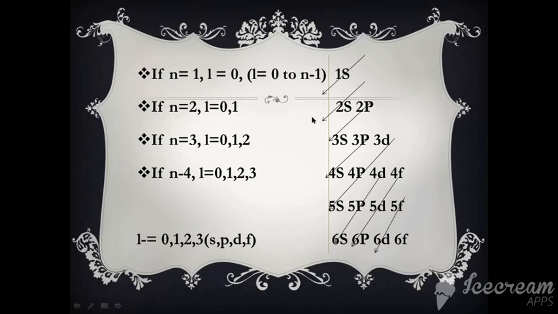So 1s, 2s, 2p, 3s, 3p, 4s, 3d, 4p, 5s, 4d, 5p, 6s, 4f, 5d, 6p, 5f, 6d, like that it continues. 1s is lesser than 2s, 2s is lesser than 2p, 2p is lesser than 3s, 3s is lesser than 3p, 3p is lesser than 4s. This is how you have to note down the order of filling of the various orbitals as per the AUFBAU principle based on the n plus l rule.